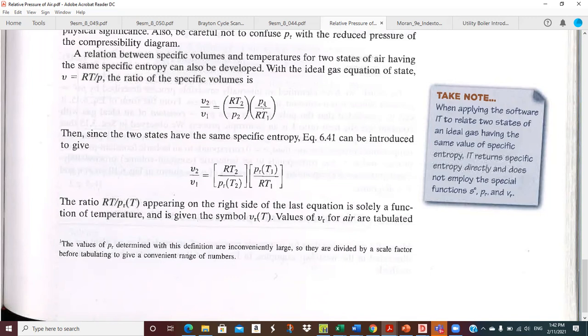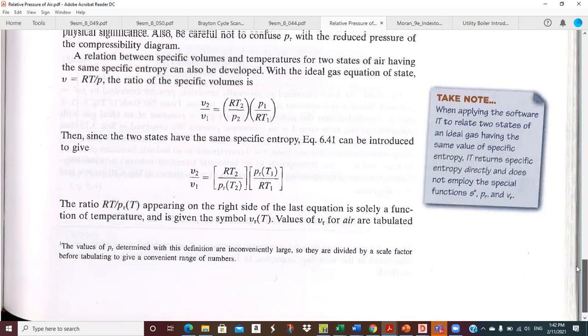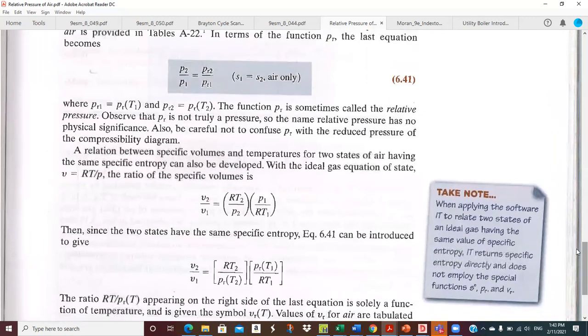So that's just writing the ideal gas, and this one's divided so it flips up, so they didn't want to write it as a fraction. And then you can substitute in from this relative pressure. You have the ratio of P1 over P2. Well, P1 over P2 is PR1 over PR2. So they substitute that in here.